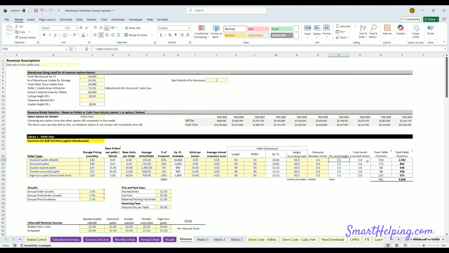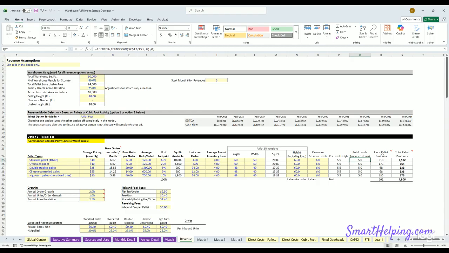Then the total levels is rounded down, and it's just saying how much cleared space you have to go upwards against the per level height, and then we derive how many levels we can go up. In this case, at 28 feet, 5.5 feet per level, we can go up to 5 levels.